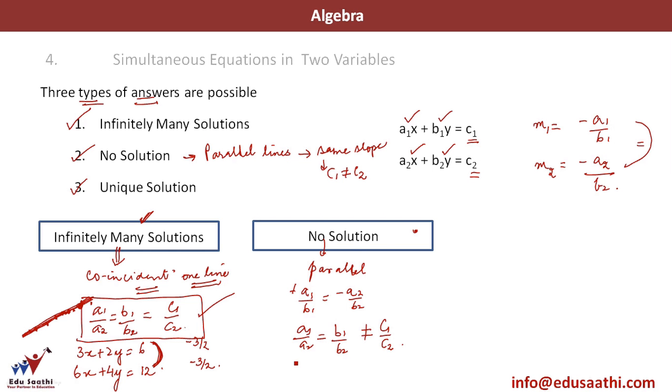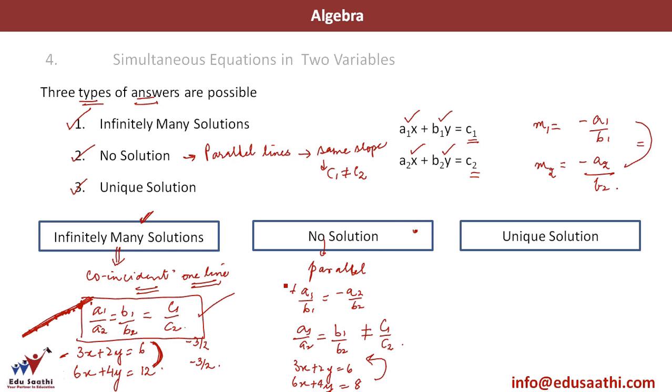So it will be an equation something like 3x plus 2y equals 6 and 6x plus 4y equals 8. The second equation is not a multiple of the first equation, whereas in the earlier case the second equation is actually k times the first equation. So if the lines are parallel, I'll have no solution.